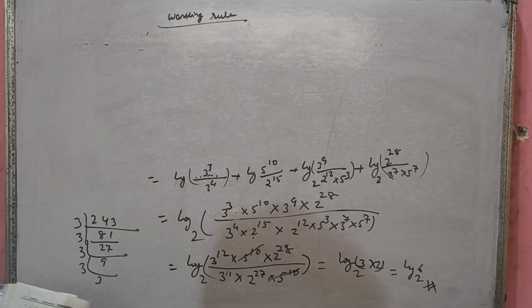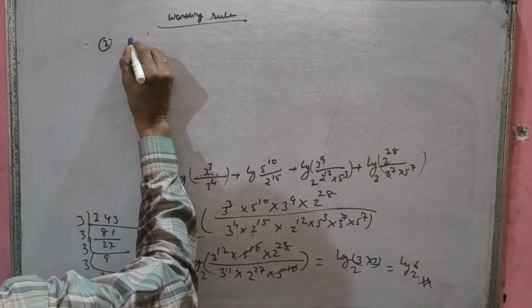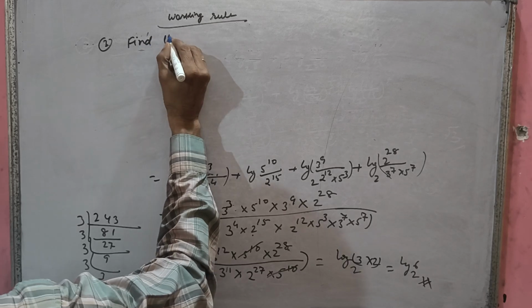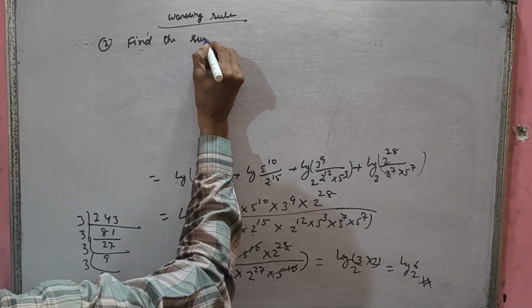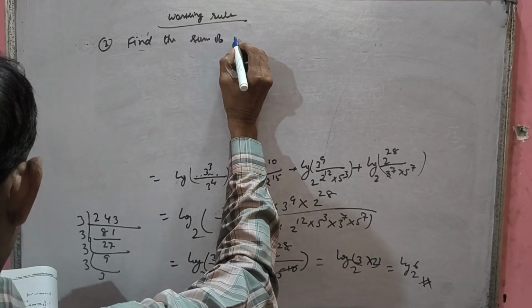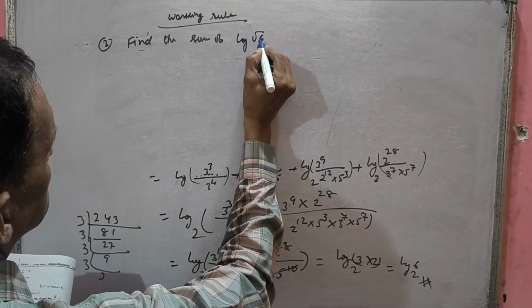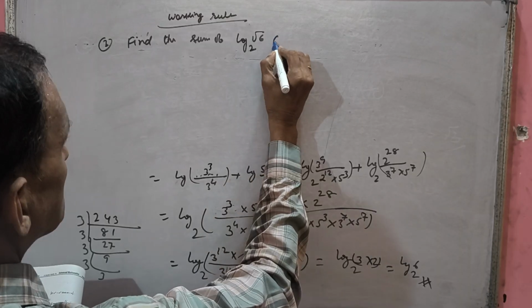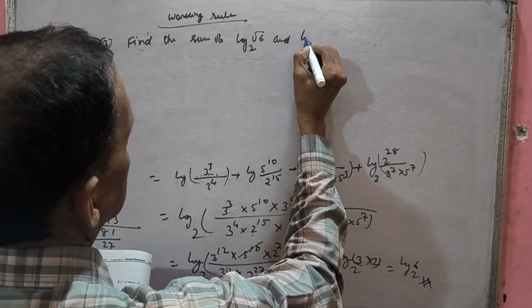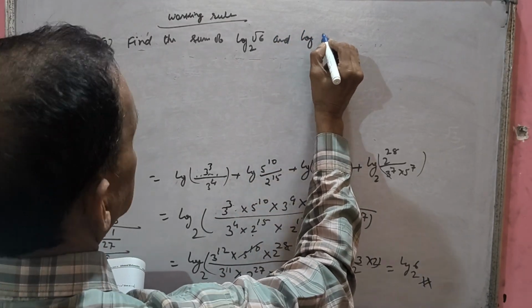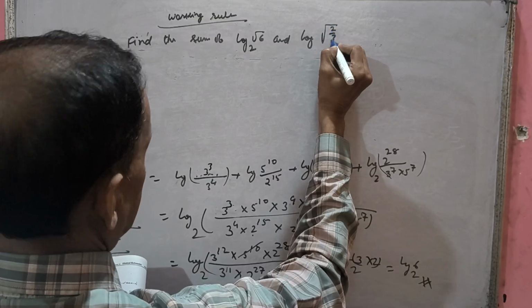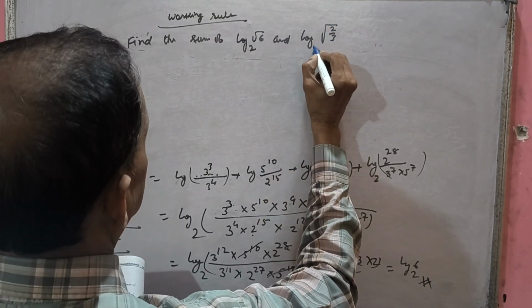Question: find the sum of log root 6 to the base 2 and log root over 2 by 3 to the base 2.